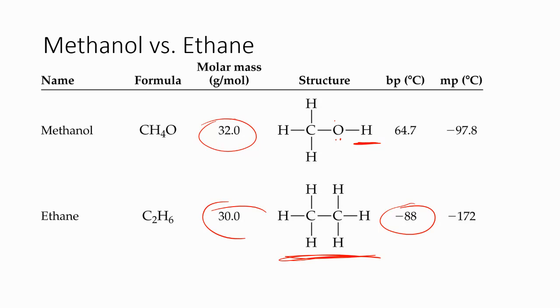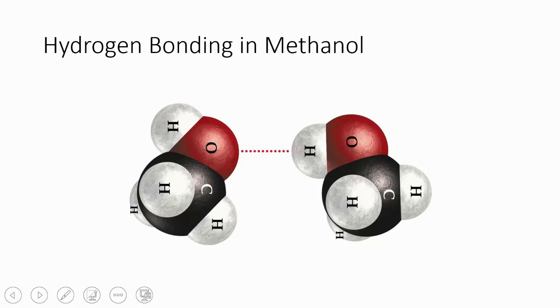But methanol has a boiling point that's not only positive, it's very positive, 64.7 degrees Celsius. That's suggesting that there are really strong forces holding methanol molecules to one another. And those forces, again, are hydrogen bonds.